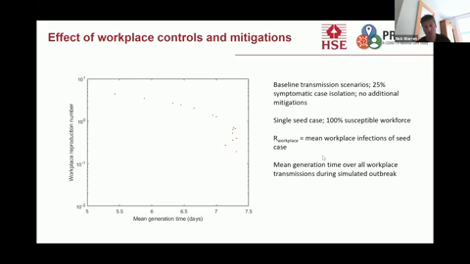And so we've got a range of reproduction numbers between about 0.2 going up to about 4, and variation in the mean generation times, and a tendency for smaller reproduction numbers to go hand in hand with longer generation times.